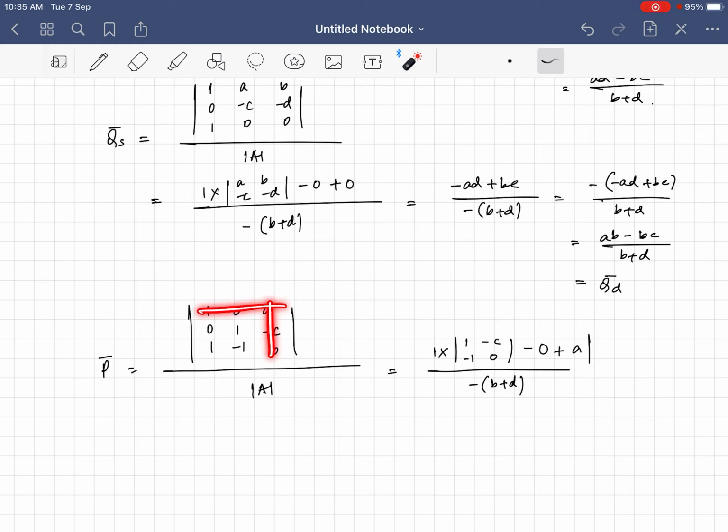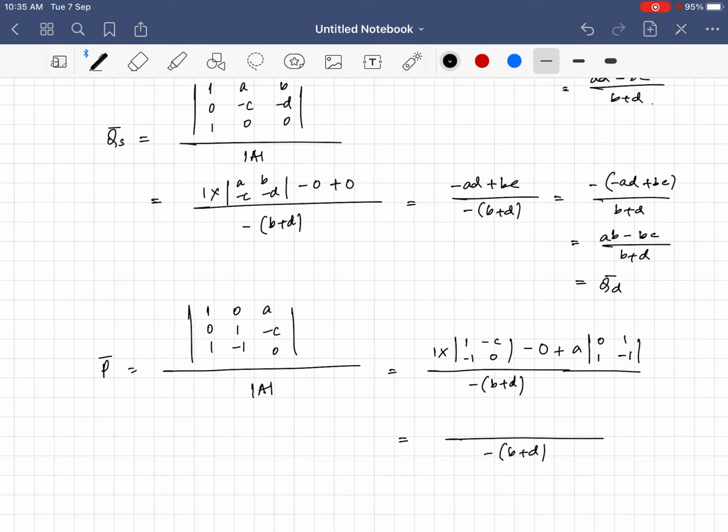It will be this one goes 0 1, 1 minus 1. This is what we get. So let's do it first. So we have minus of B plus D, and here we get minus C. If you expand this one, it's coming minus C, and this one it's coming out to be minus C.